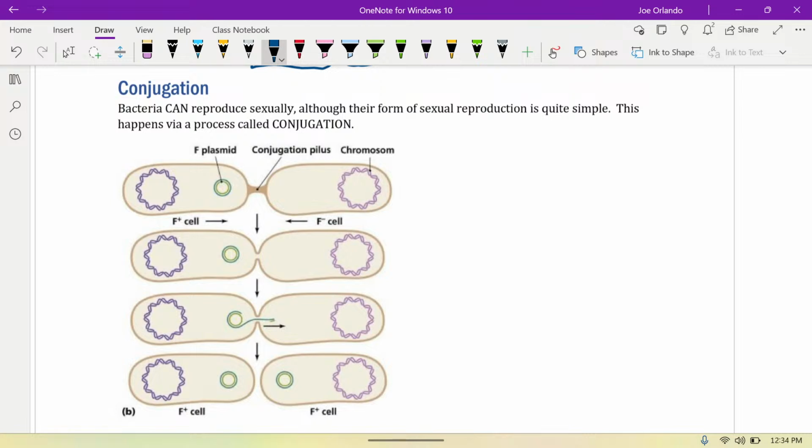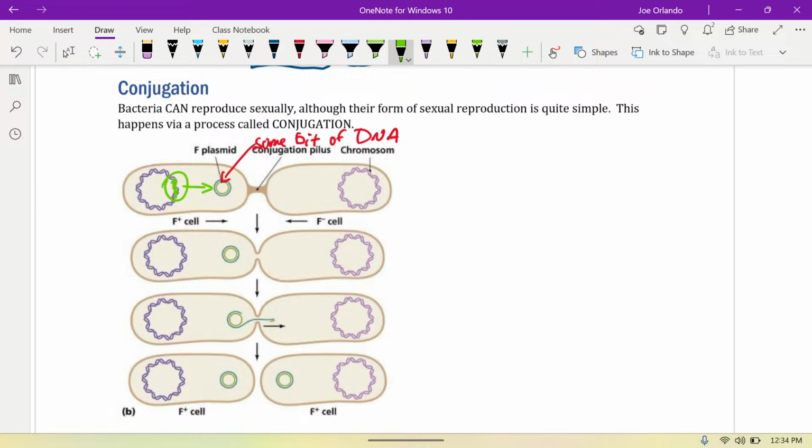That sounds fancy, but it's just some bit of DNA that can be present in one cell, and these two cells can come together. When we say F positive and F negative, that sounds really fancy. All it means is this cell currently has this little bit of DNA. And I wish that this showed this better. This is usually a copy of something that's already in here. Does that make sense? So this little piece of DNA can get copied.